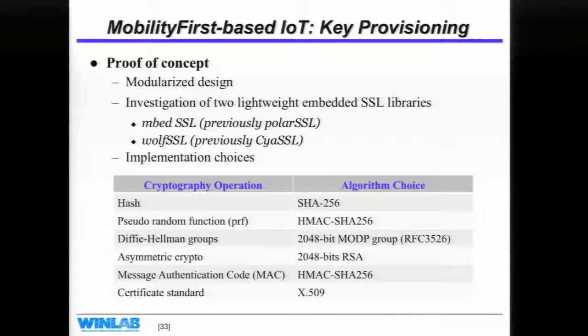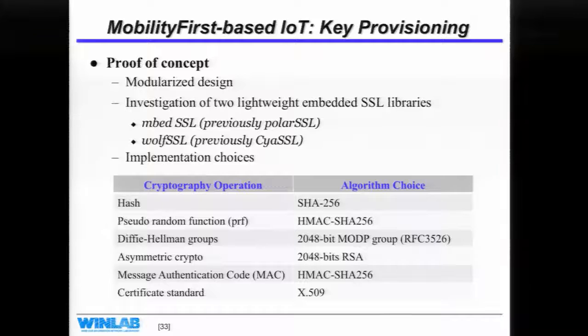We implemented a prototype to prove our protocol design. We adopted a modularized approach for the software framework. And for the underlying crypto library, we investigated two lightweight embedded SSL libraries, Embed SSL and WolfSSL.